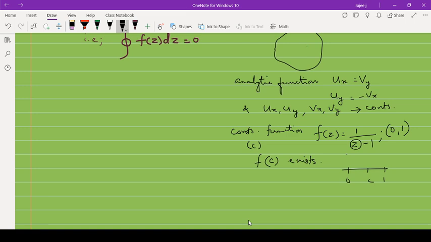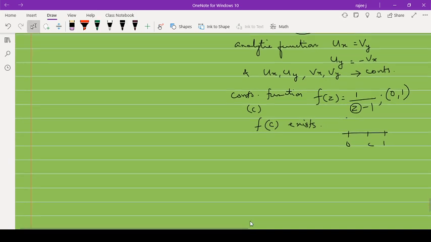The only thing you need to see here is that the denominator should not be 0. If the denominator is 0, then f of z equal to 1 upon 0 form will come and it is not defined. Okay, so the denominator should not be 0; then such functions are called continuous functions. So if f of c exists, obviously f dash c also must exist. Such functions are called continuous functions.